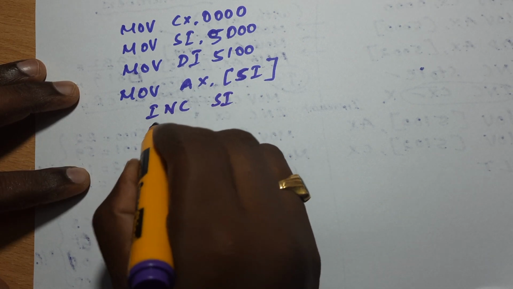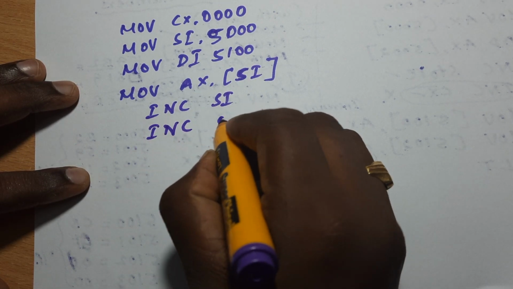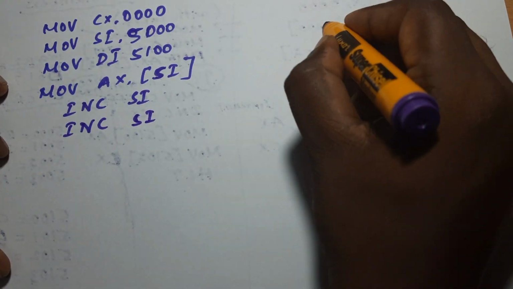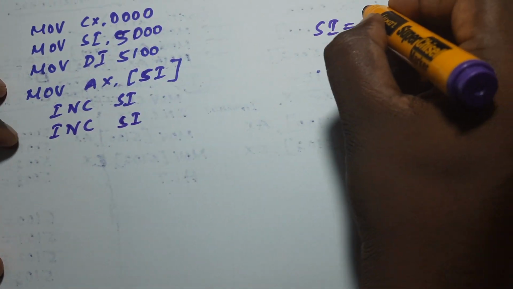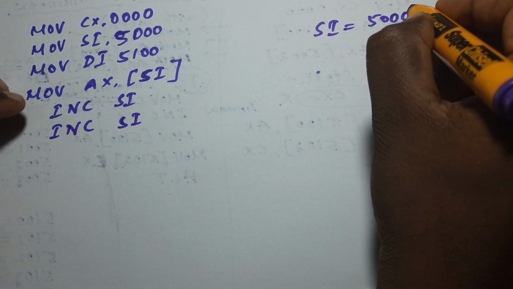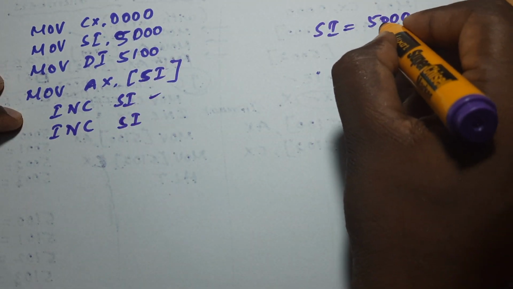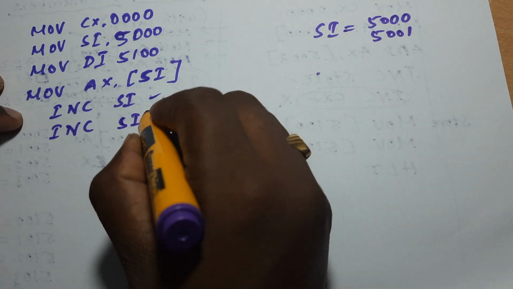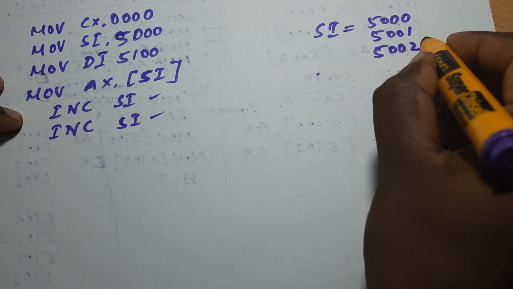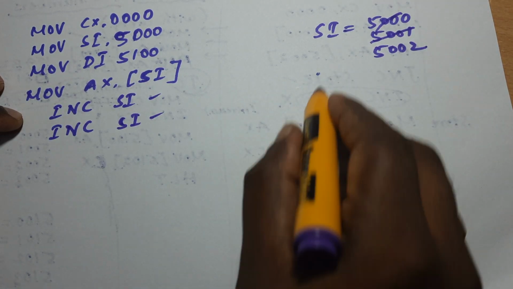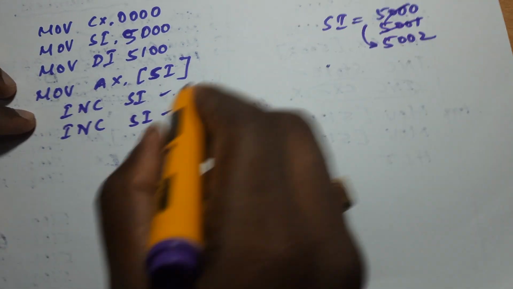So I need to increment it again: it was 5000, at this increment it becomes 5001, at this increment it becomes 5002. Now SI is 5002.